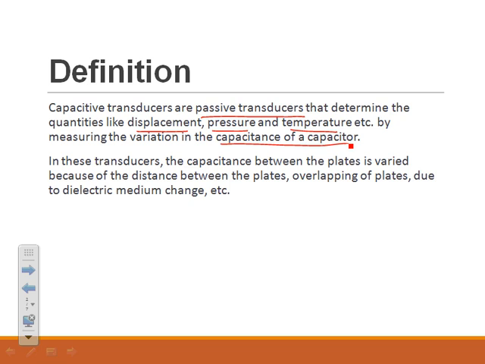In this transducer, the capacitance between the plates is varied because of the distance between the plates, the overlapping of the plates, and due to dielectric media change. So, the definition of a capacitive transducer: it is a passive transducer that determines quantities like displacement, pressure, temperature, etc. by measuring the variation of the capacitance of the capacitor.